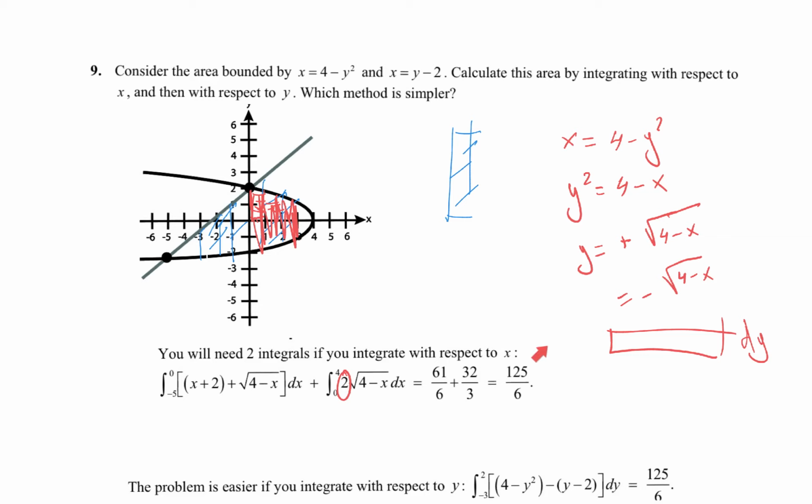Okay, the interesting point here is that you can fill the region between the two curves by horizontal elements of rectangles. So if you fill it with horizontal elements of rectangles, you can do the area in one shot, with only one integral.